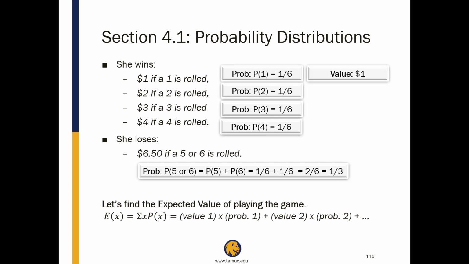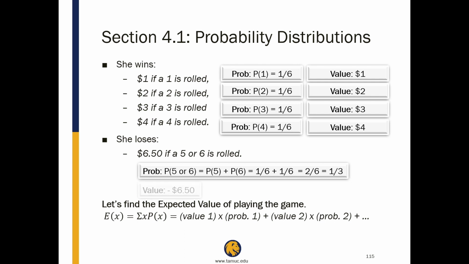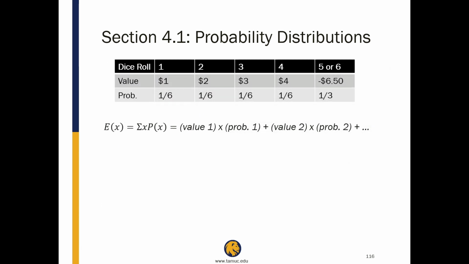That allows us then, we'll write down the values to go along with it: $1, $2, $3, $4. The value of losing money, however, is expressed as a negative value. So losing $6.50 is written as -$6.50. So with our values and probabilities together, we can create the table for the discrete probability distribution. Looks something like this.